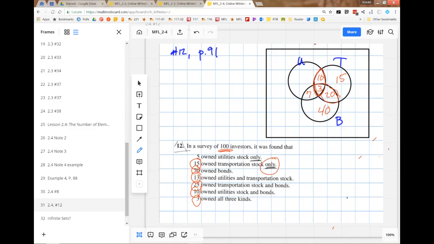So do you see that instead of saying transportation had 60 in it, and then you had to add up and subtract and put the remainder in, this one's just saying there are 15 that only had transportation. So it's like, this is a break. You could just write it in there. When they say only, that means the only part doesn't overlap with anything.